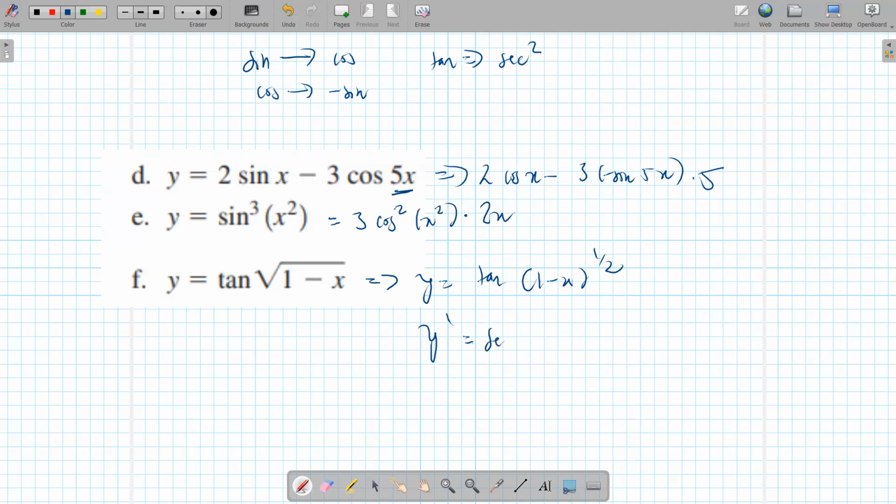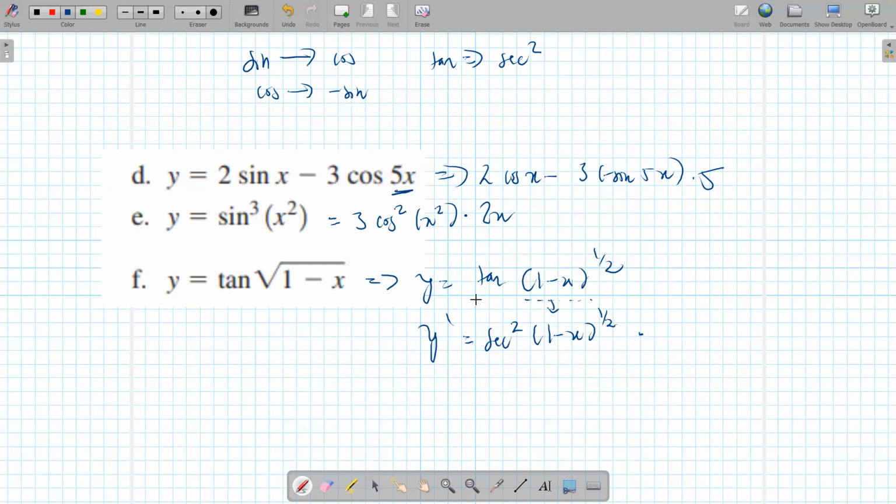Yeah. Again, the angle is not going to change. It's going to drop down as it is. But then you need to multiply this by the derivative of that angle. What will be the derivative of the bracket in this case?